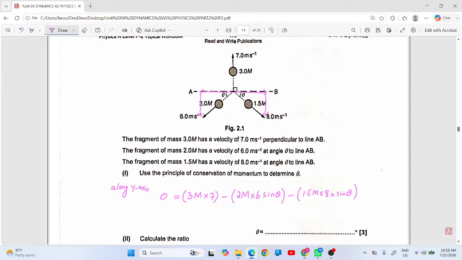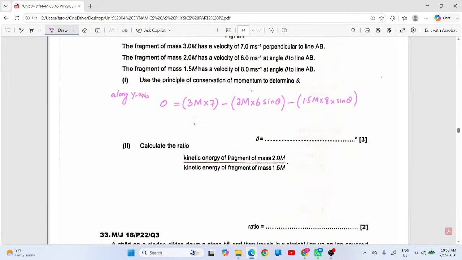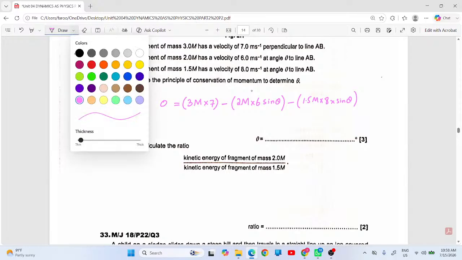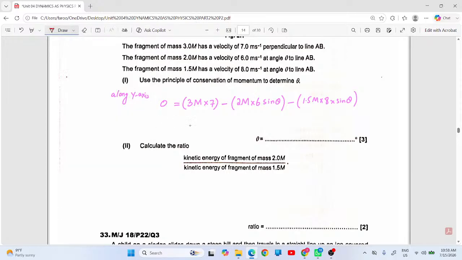The m cancels. Now 7 times m comes 21 m, minus 6 times 2 comes 12, so 12 m sin theta. Here you have 1.5 into 8 is 12 m sin theta, equals 0.